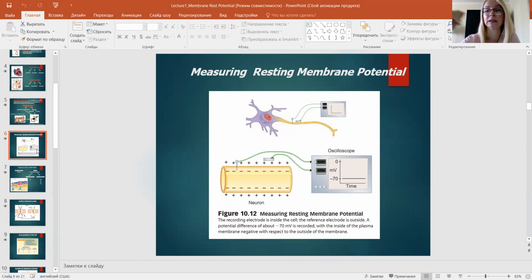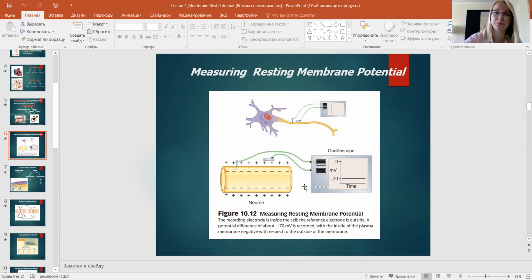So what is it, resting membrane potential? It is a potential difference between the outer and inner sides of the cell membrane in excitable tissues. Excitable tissues are, as I hope you know, nerves, muscles, and secretory cells.